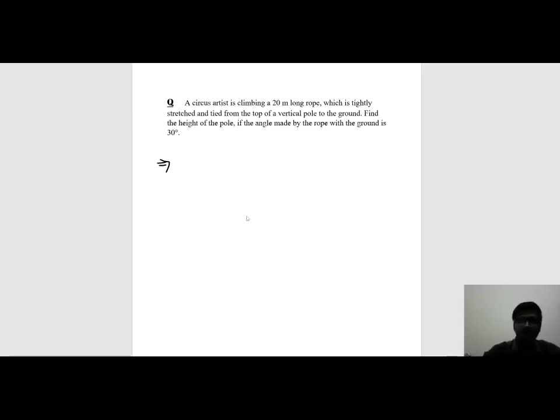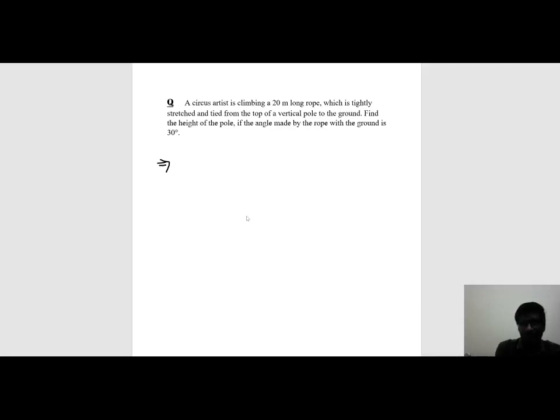When we go to the circus, we might have seen many artists doing several stunts, like climbing a rope or riding a bike. An example of such is given. A circus artist is climbing a 20-meter long rope, which is tightly stretched and tied from the top of a vertical pole to the ground.